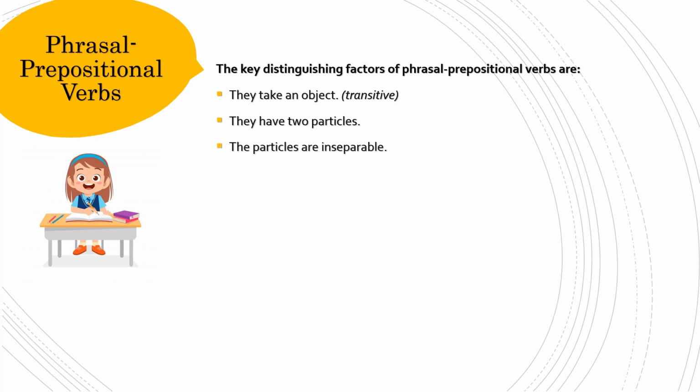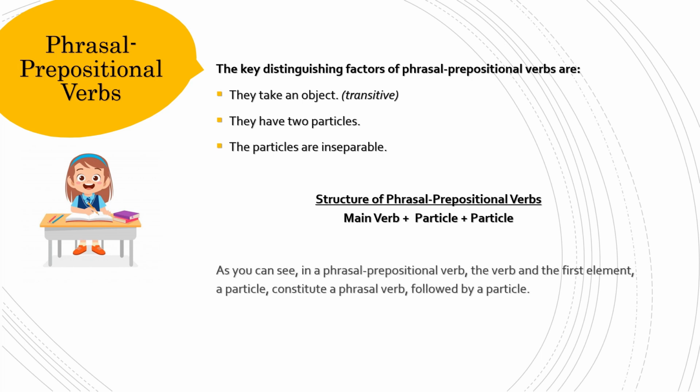The particles are inseparable. Structure of phrasal prepositional verbs is main verb plus particle plus particle. As you can see, in a phrasal prepositional verb, the verb and the first element, a particle, constitute a phrasal verb, followed by a particle.